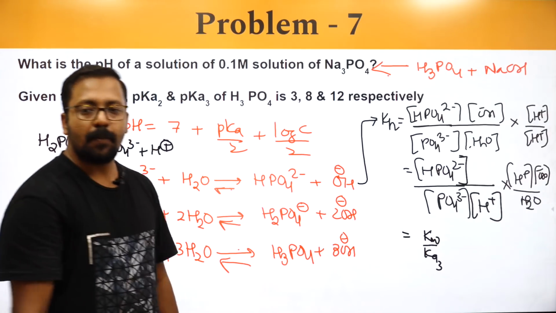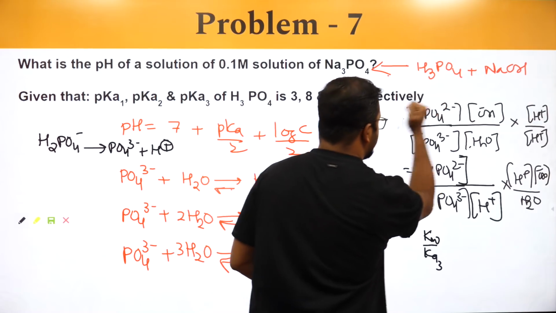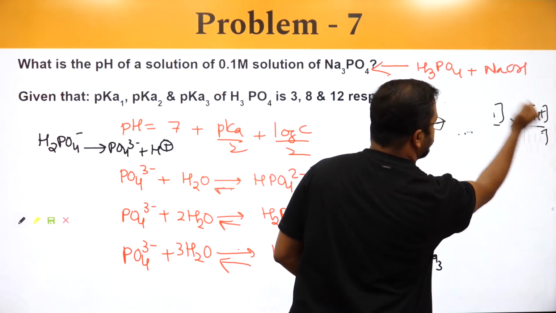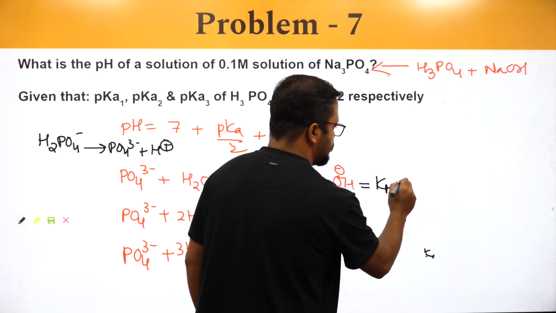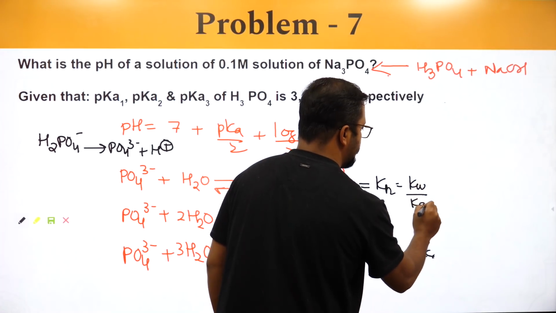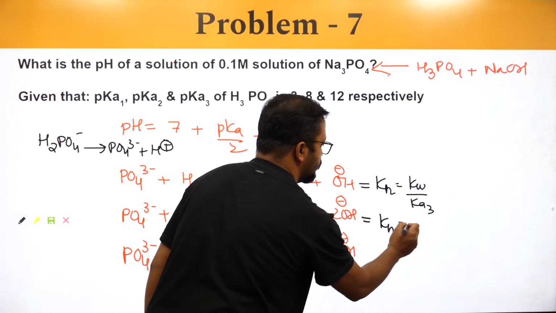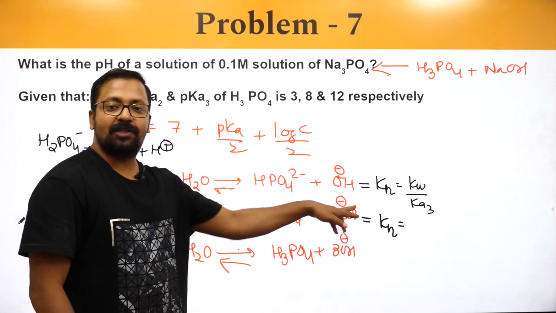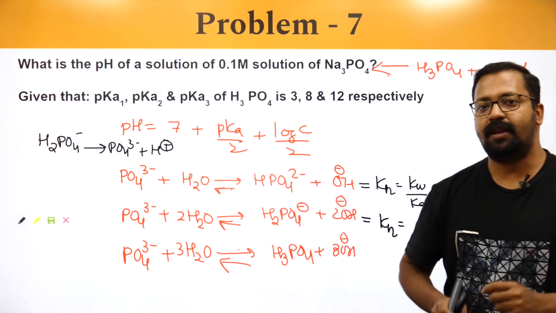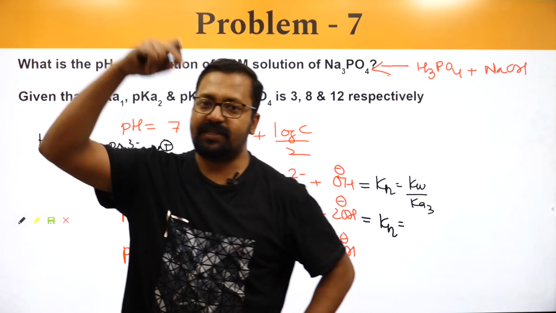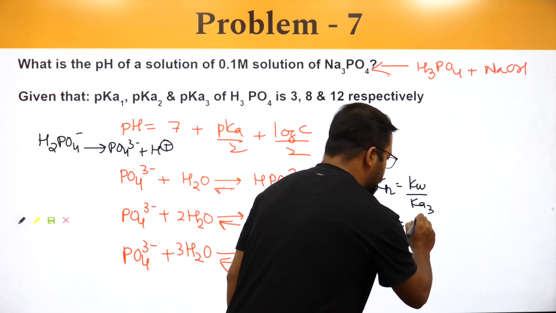I'll write this for this: KH is Kw by Ka3. For this I will write KH is equal to, see, 2 OH minus are being produced, and to compensate and neutralize 2 OH minus we need 2 H plus ions, so H plus squared, so OH minus squared times H plus squared, that will be Kw squared.